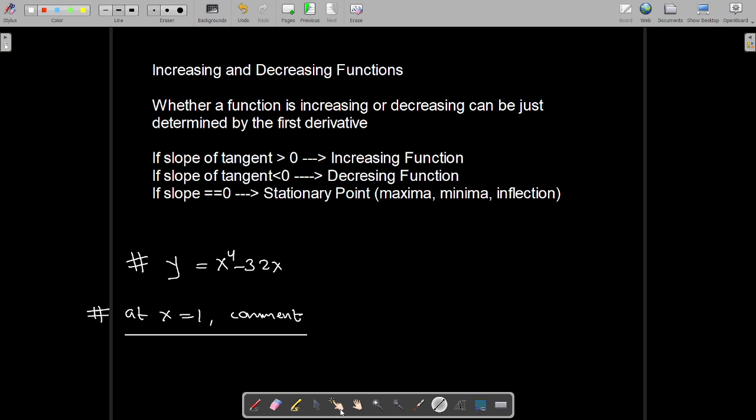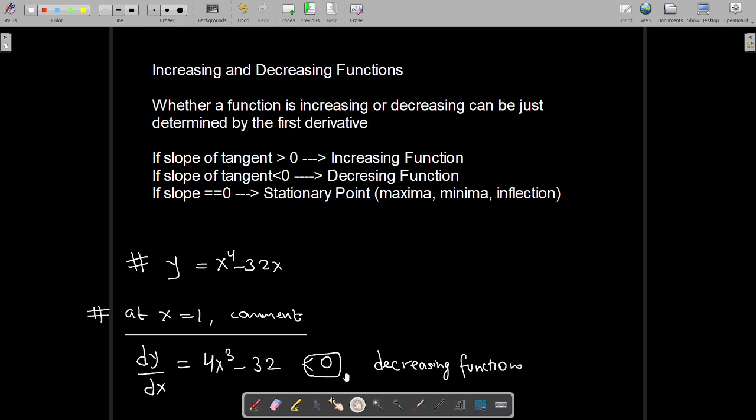So basically you differentiate it, so you get dy by dx as 4x power 3 minus 32, right? And put in value 1, so negative value. So it's a decreasing function.